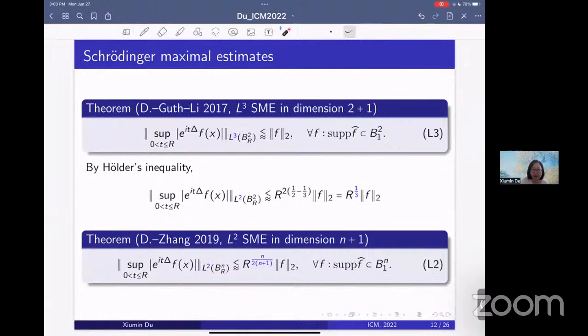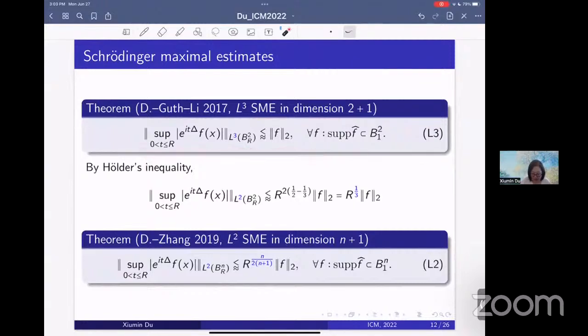Here are our main results on Schrödinger maximal estimates. When n equals 2, joint with Larry Guth and Xiaochen Li, we proved this L3 Schrödinger maximal estimate. It says that the L3 norm of the Schrödinger maximal function over the two-dimensional R ball is bounded by the L2 norm of f.